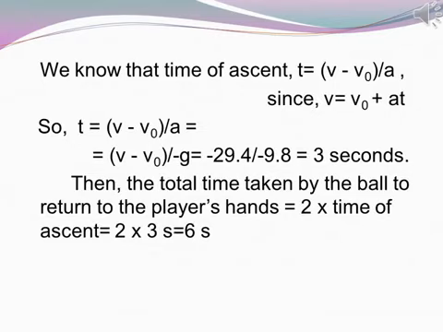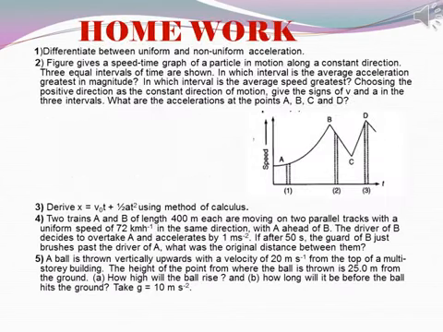By substituting the values of v, v0 and g, we get time of ascent t is equal to 3 seconds. Then the total time taken by the ball to return to the player's hand is equal to 2 into time of ascent, which is equal to 2 into 3 seconds, which is equal to 6 seconds.